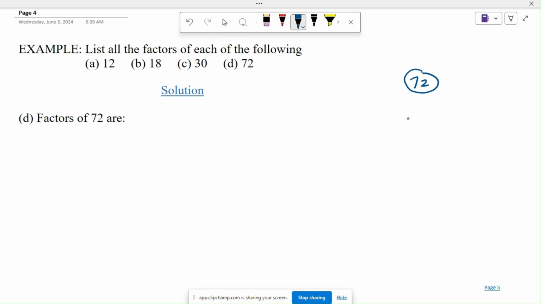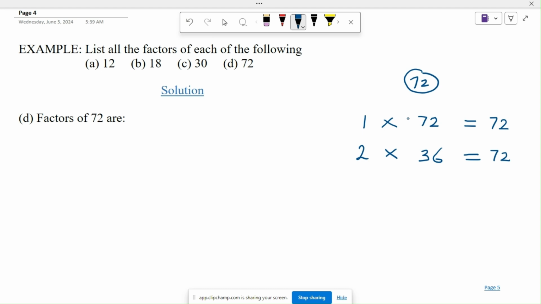So the first number is 1 multiplied by 72 will give us 72. After 1, we will take 2. 2 multiplied by 36 will give us 72.